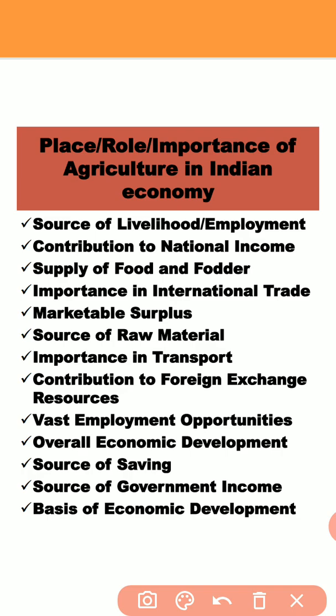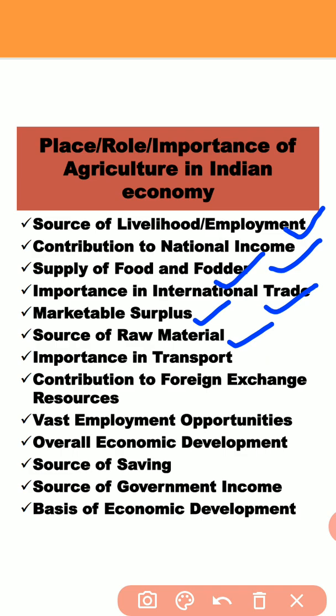The first point is source of livelihood and employment. Next is contribution to national income. Then supply of food and fodder. Next is importance in international trade. Then marketable surplus. Next point is source of raw material.